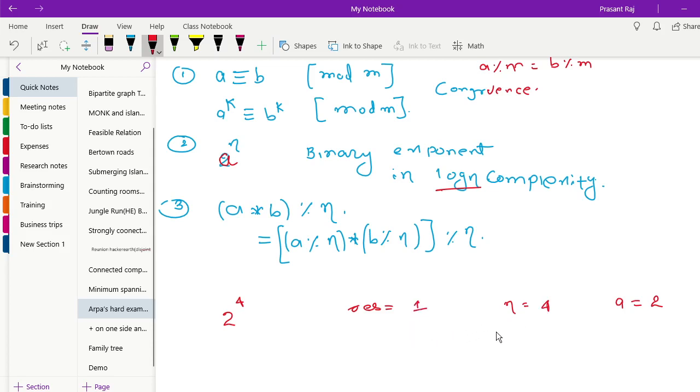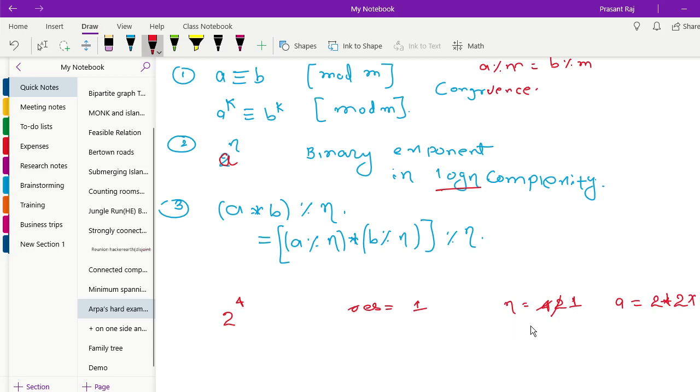Now since n is not equal to 0, and n is even, it will square the base a and divide n by 2. Again n is not equal to 0, so it will square the base again and n is divided by 2, making it 1.